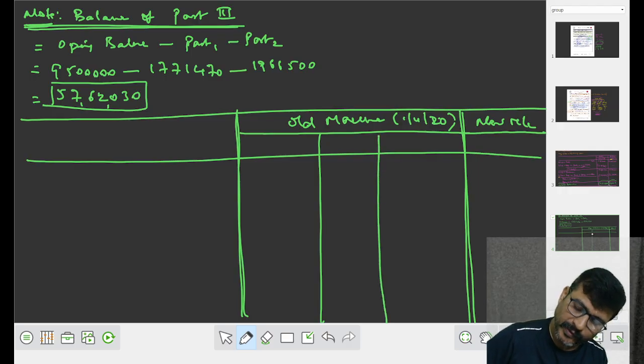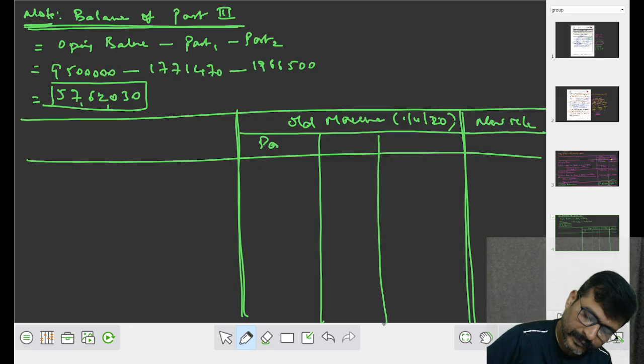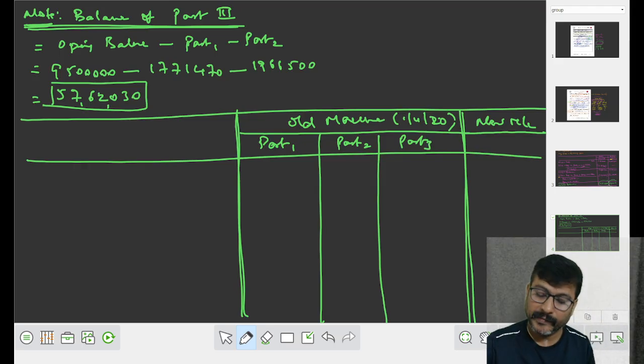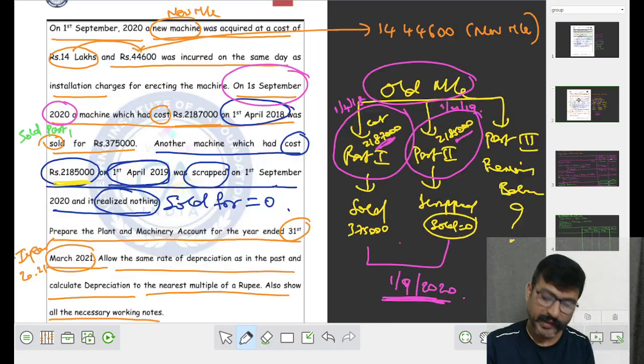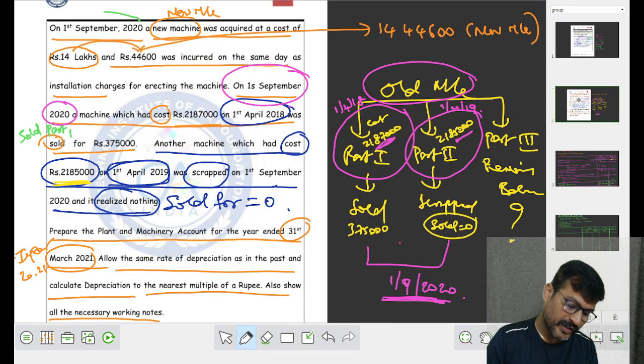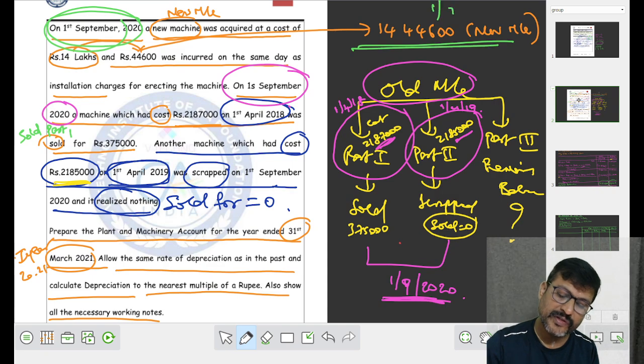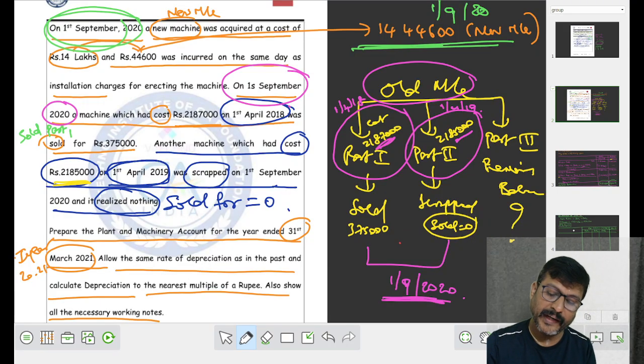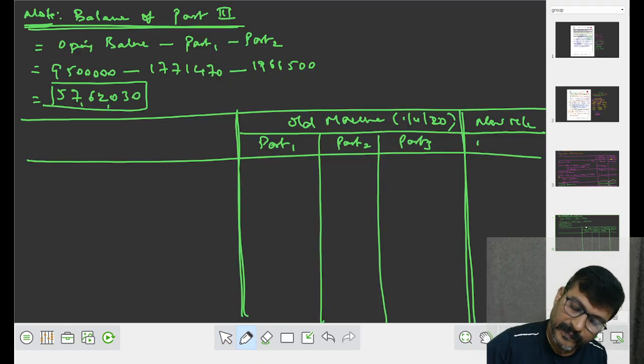Let me divide into 3 parts. Part 1, part 2, part 3. New machine is purchased on what date? The new machinery is purchased on 1st September 2020. For how much? 14,44,600.